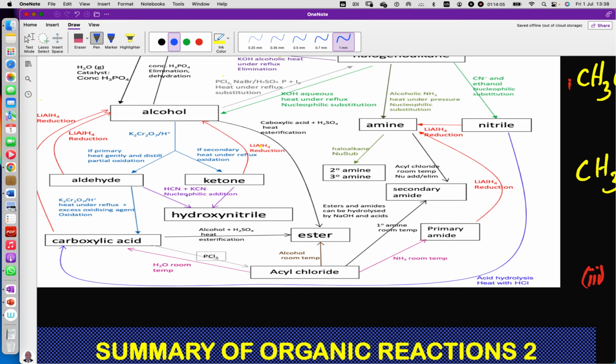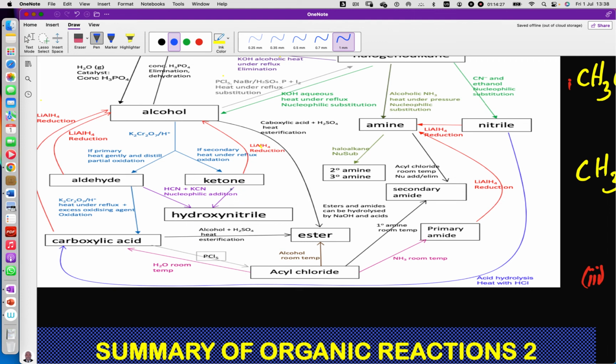Remember that potassium cyanide is very, very toxic. So potassium cyanide is reacted with sulfuric acid to bring down the toxicity, to produce what we call hydrogen cyanide. It is the hydrogen cyanide that dissociates in solution to produce a cyanide ion.